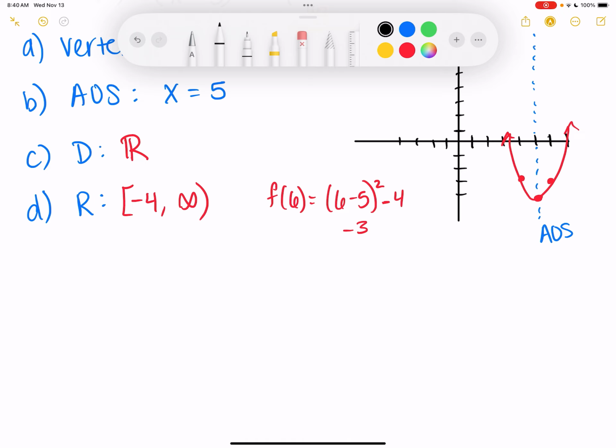All right, 28. F of x equals -3 times x minus 2 squared plus 1.